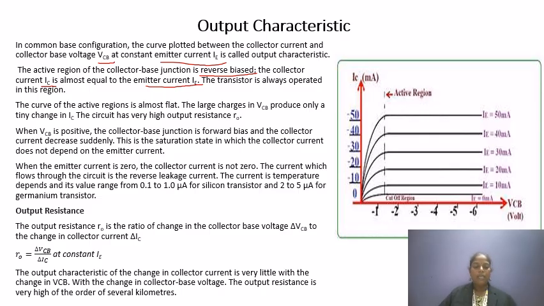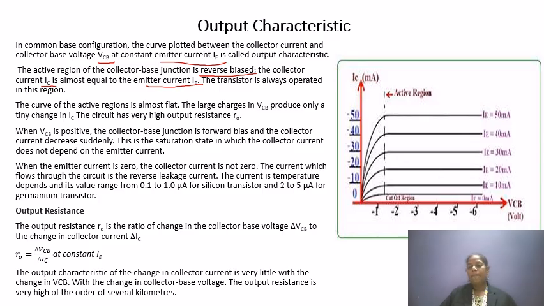Therefore the output characteristic is that the change in collector current is very little with the change in voltage across collector base. Therefore the output resistance is very high, in the order of several kilo-ohms.